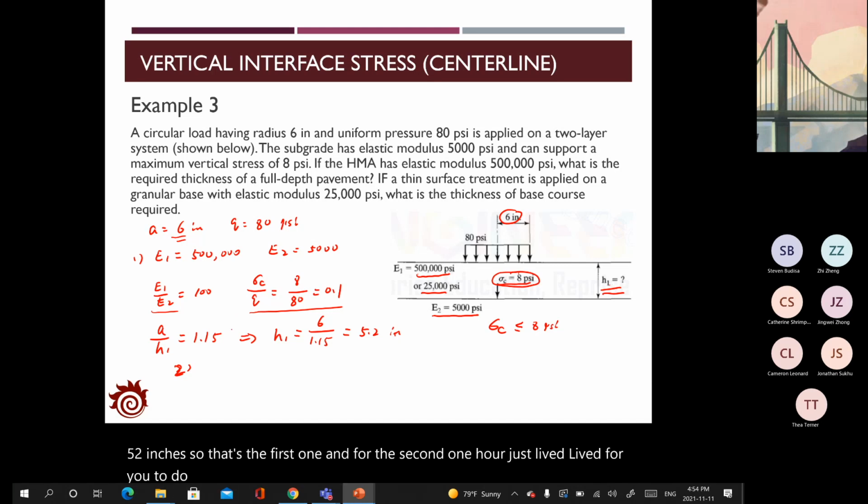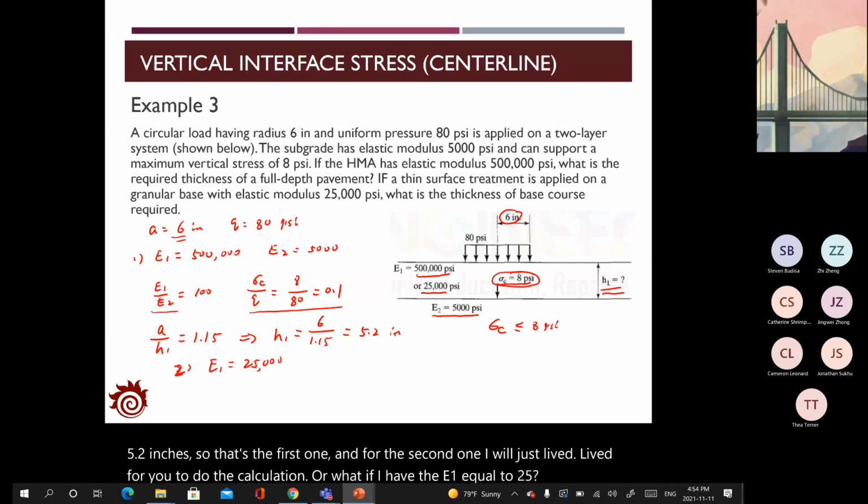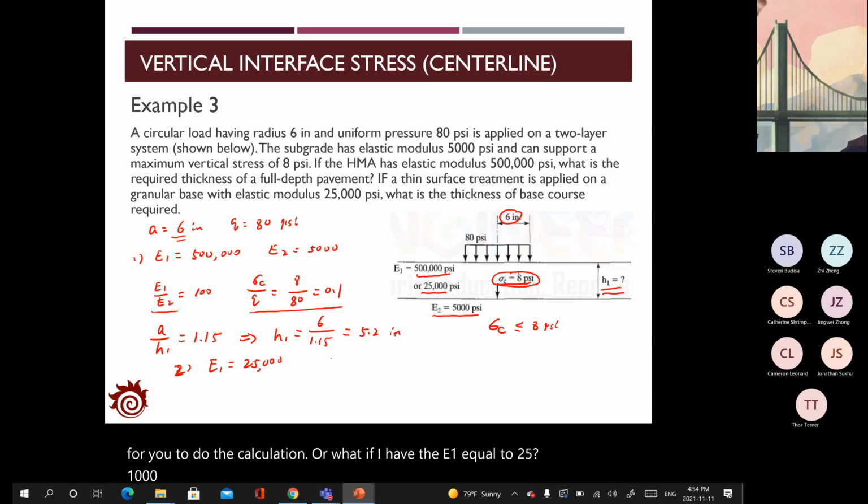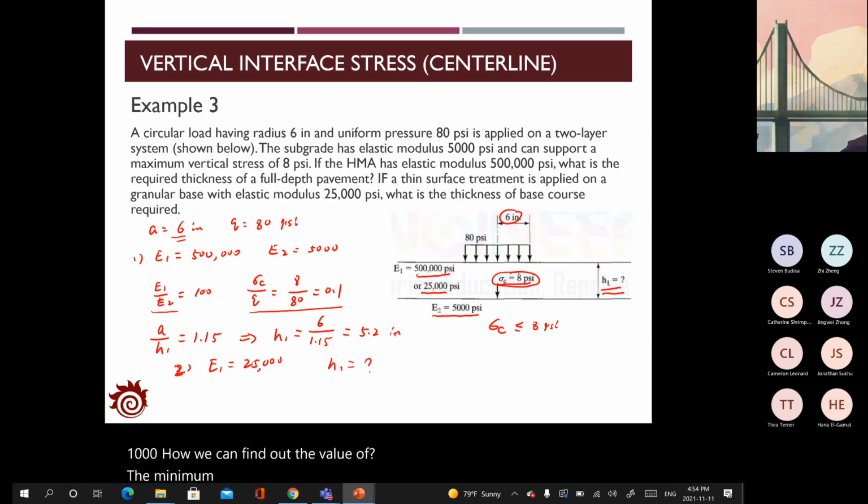What if I have the E1 equal to 25,000? How can we find out the minimum value of H1? Can anyone give me the result? Any values that you can calculate from it?